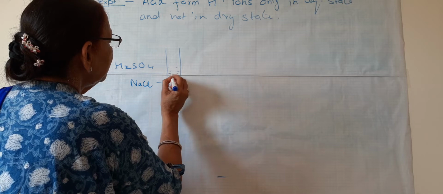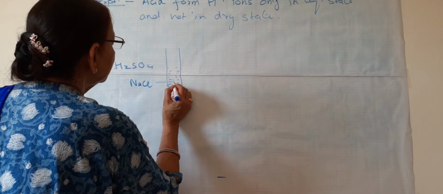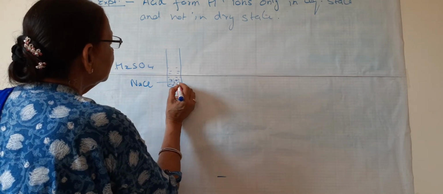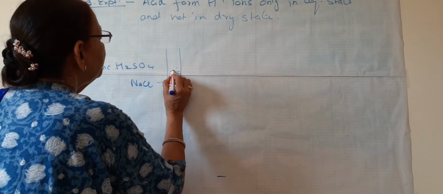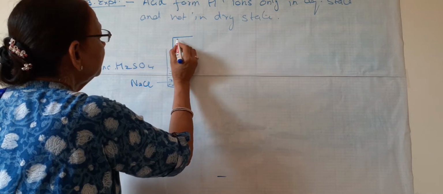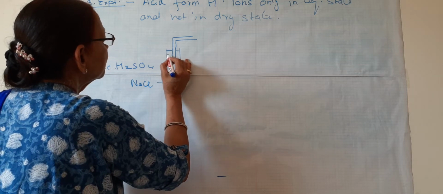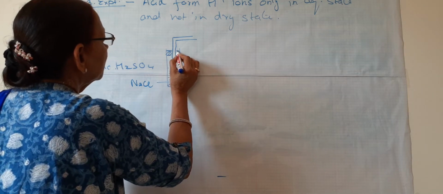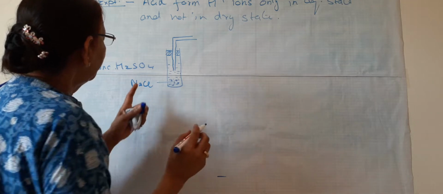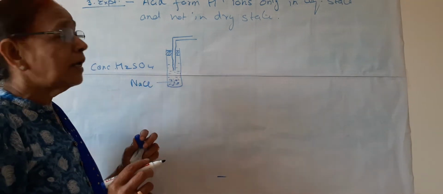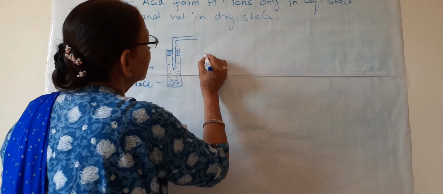Concentrated H2SO4 is mixed with these NaCl crystals, and we put a delivery tube here, and this test tube is closed with a cork. So what will happen when this NaCl and H2SO4 are present in this test tube?